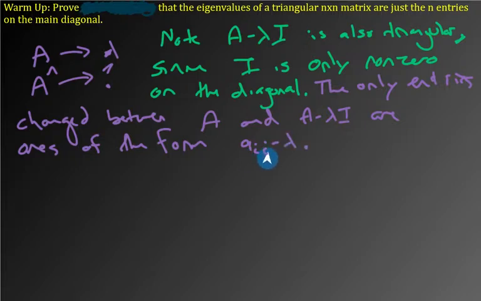So this is just an arbitrary row and arbitrary column, basically. So the ones on the diagonal, right?